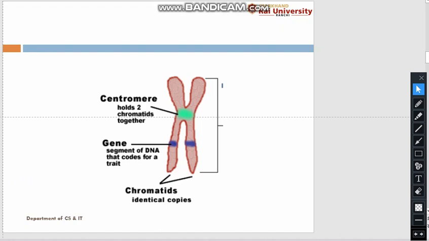We know that the offspring will carry the trait of the parent, so just because of the DNA present in the chromosome, the features of the parents will move to the child. And these are the two chromatids which are the identical copies, and here they are combined.